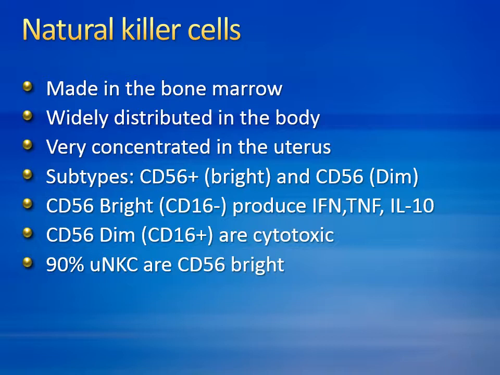Some of these natural killer cells that, for example, do not have CD16 surface protein will produce interferon, tumor necrosis factor, and some that then exhibit CD16 are then more cytotoxic. The majority of natural killer cells identified in the uterus are what's called CD56 bright killer cells.